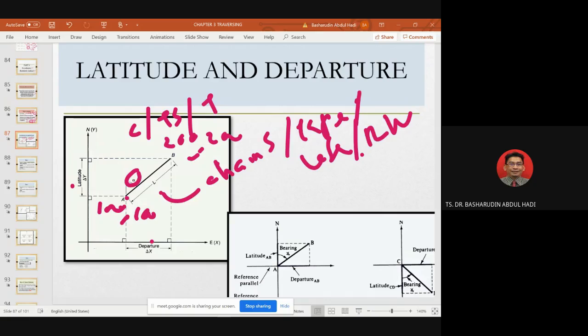So you have delta y, delta x, the difference between two points. From this delta, you can also calculate the angle and length. Departure follows the x-axis, and latitude follows the y-axis. This y-axis we normally consider north, and east we consider the departure. Alright? So that is the system of latitude and departure.